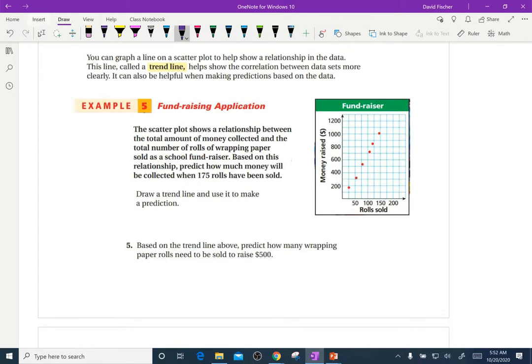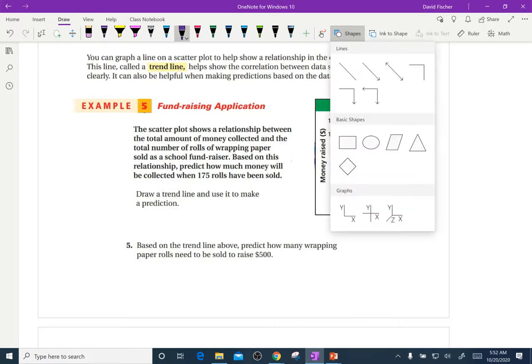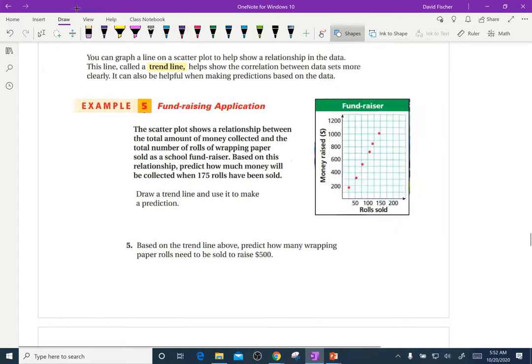Let's see if I can find my drawing tool for lines here. I think it's under shapes. So what I want to do, and this is why you need a ruler, is draw my line so it goes right through the middle of the data the best I can. There's a pretty good one. It does go through 0 on this one, but if I look at my dots, I got like one below, one above.